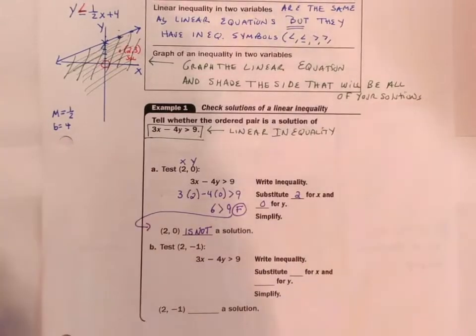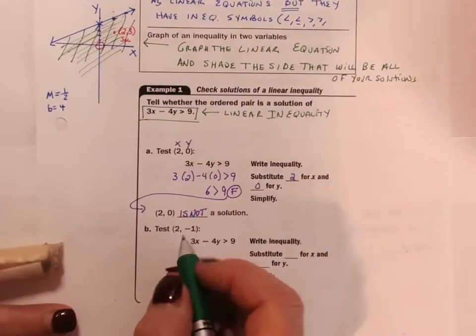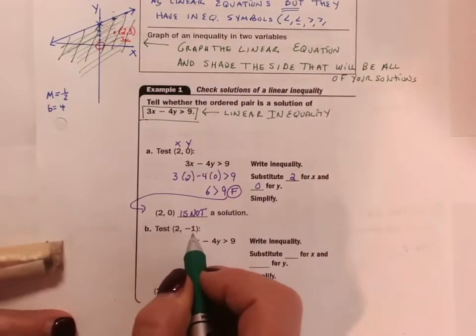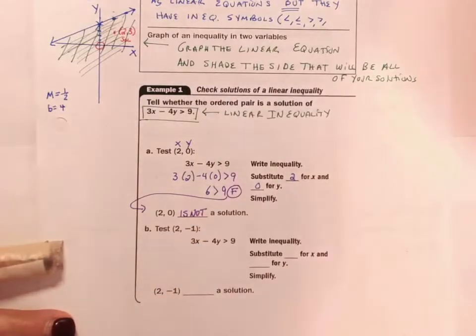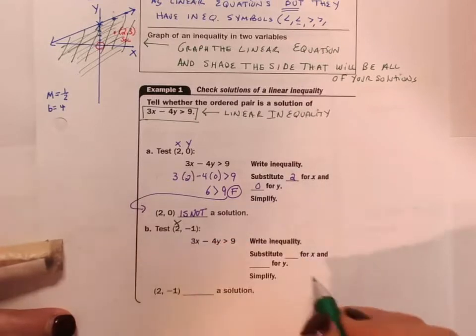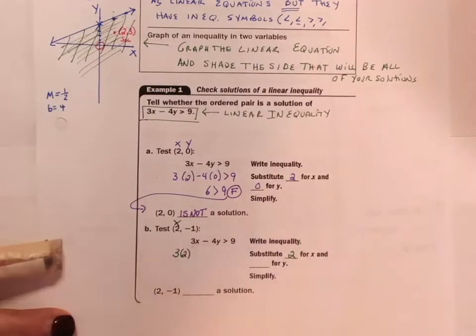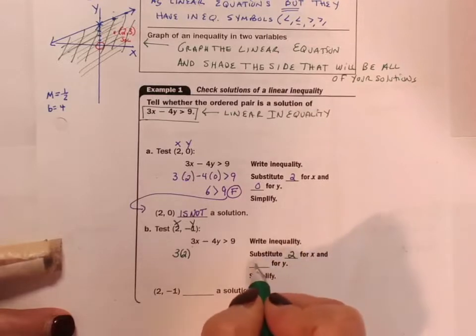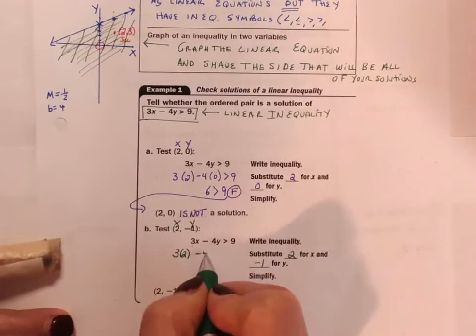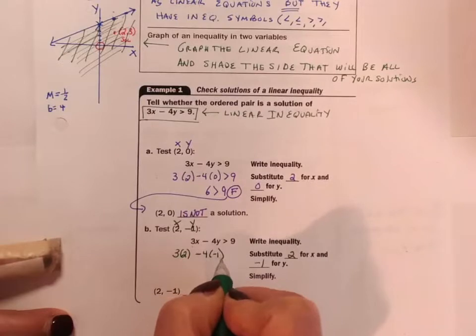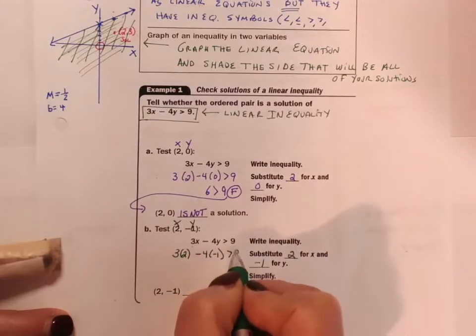Alright, so the next one we're going to try is the point 2, negative 1. Is it a solution to this linear inequality? For x, we're going to replace it with 2, so 3 times 2. For y, we're going to replace it with negative 1, minus 4 times negative 1 is greater than 9.